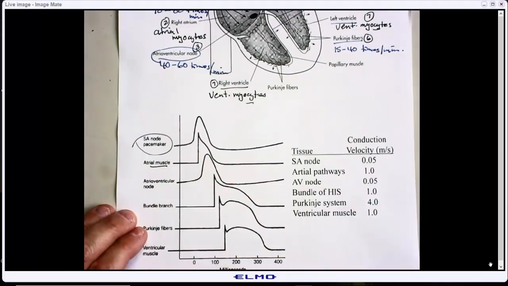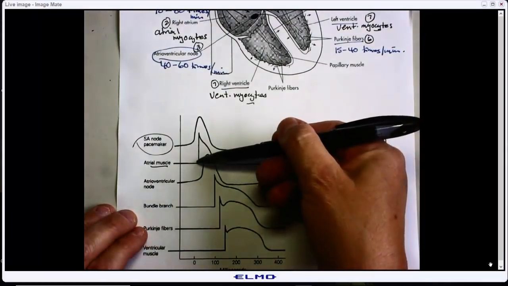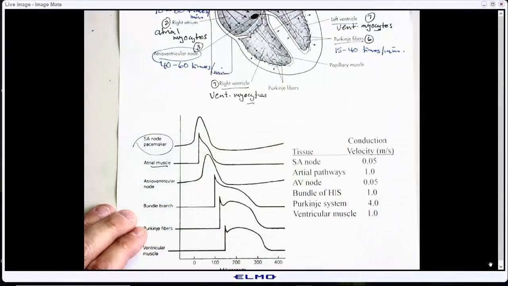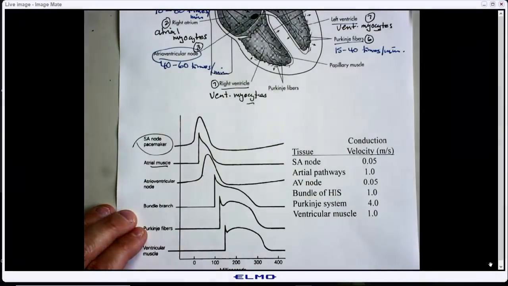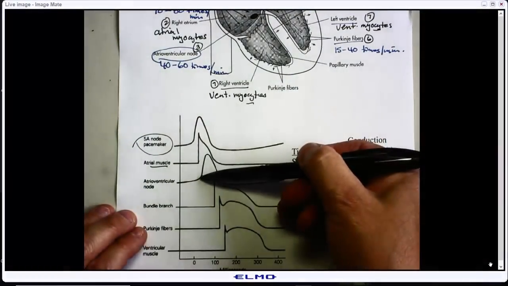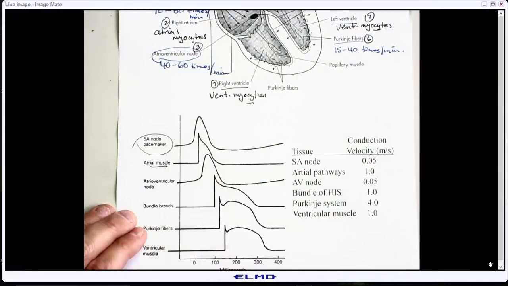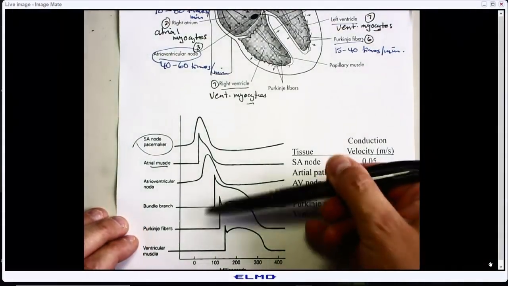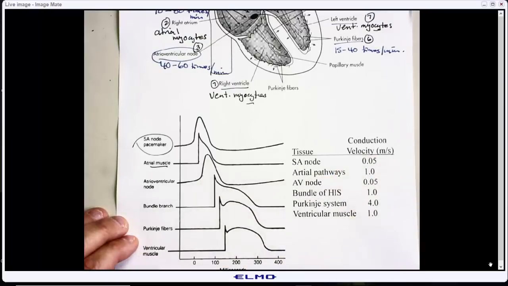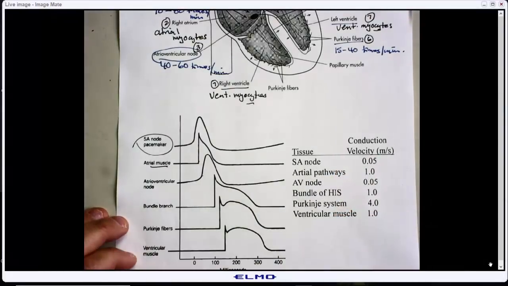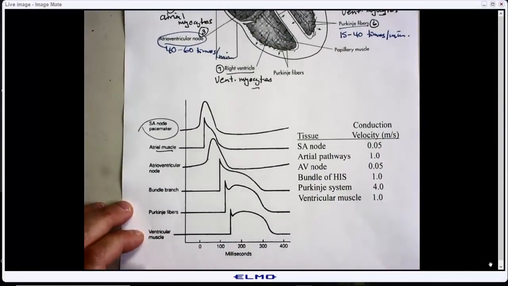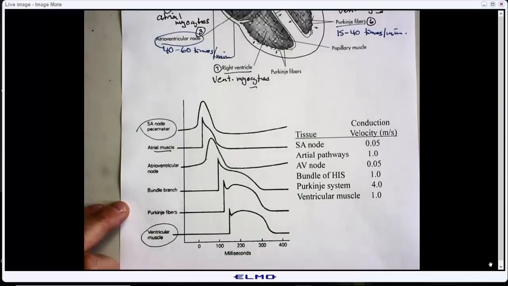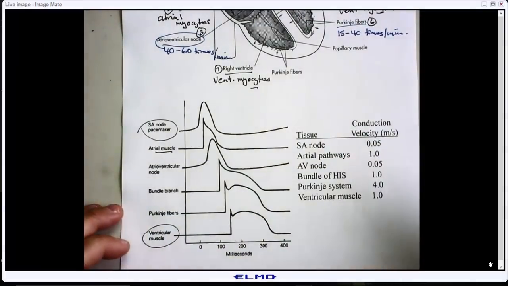Okay, so atrial muscle, and then because these atrial myocytes are electrically connected to the AV node, we then see the action potential or a depolarization of the atrioventricular nodal cells, bundle branch, Purkinje fiber action potential, and then finally passed on to the ventricular myocyte.